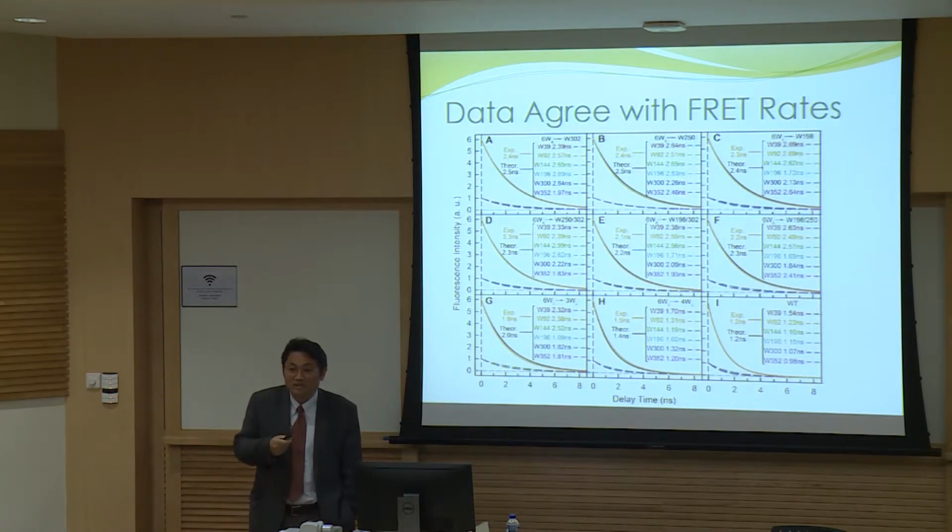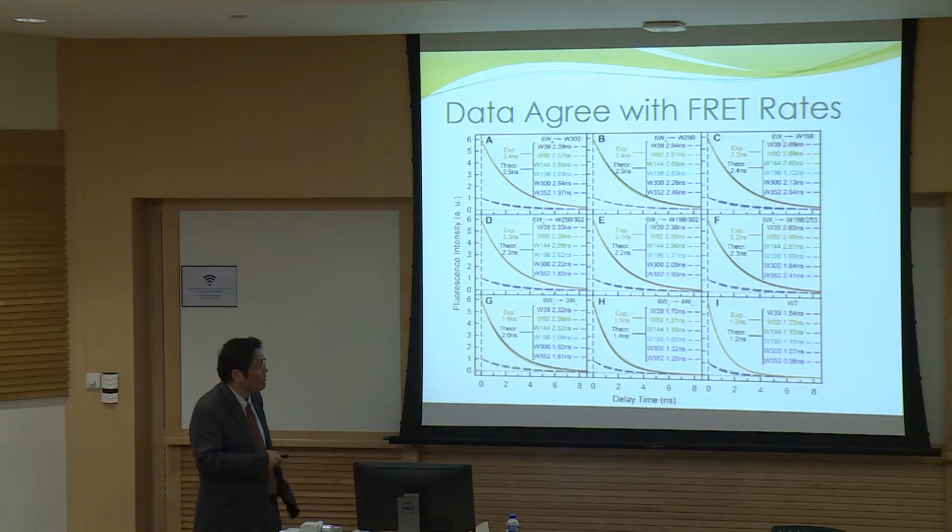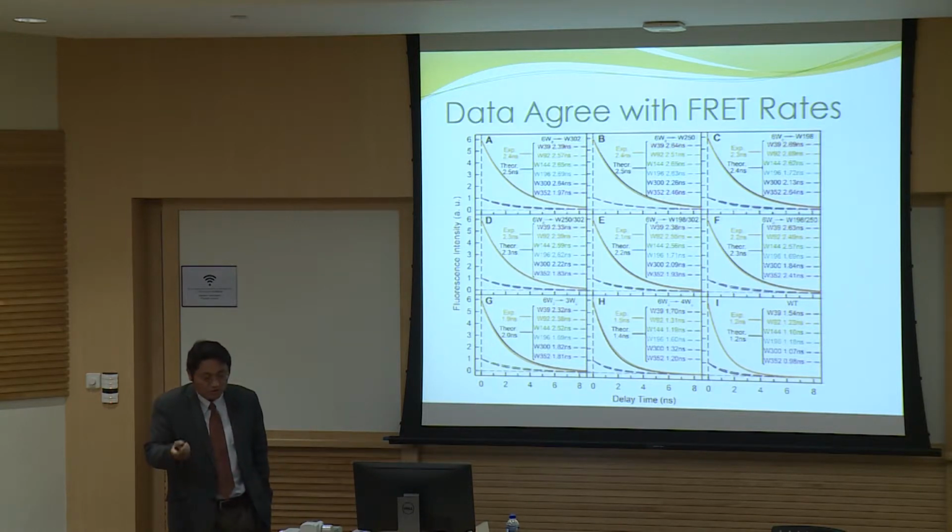So we saw that the Förster theory is perfect. For this long distance energy transfer, Förster is working. The Förster mechanism works perfectly fine. So that's how we finished the WD transferring energy to the interface.